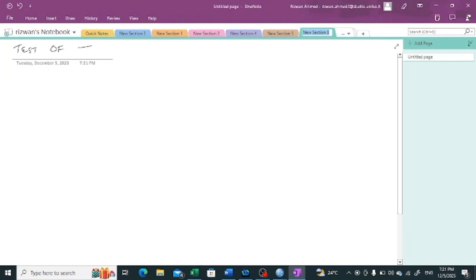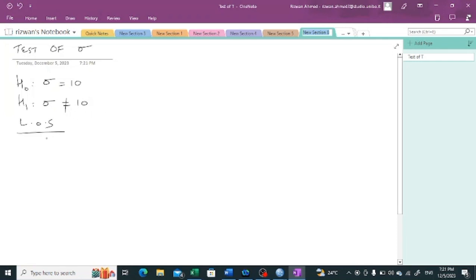Test of sigma, or the standard deviation of one population. H0 states that sigma is equal to 10, whereas H1 says sigma, or standard deviation, differs from 10.